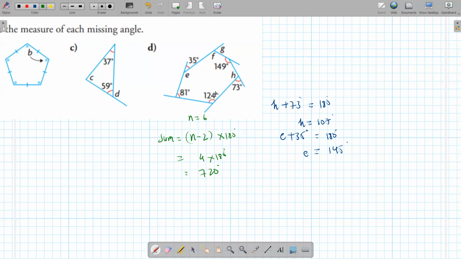Subtract everything else from 720. Because E plus F plus 149, all of these plus H, you see this? When you add them up, they're equal to 720.